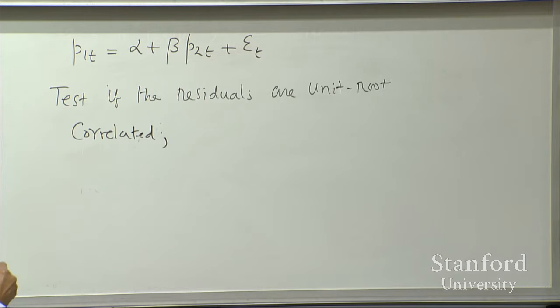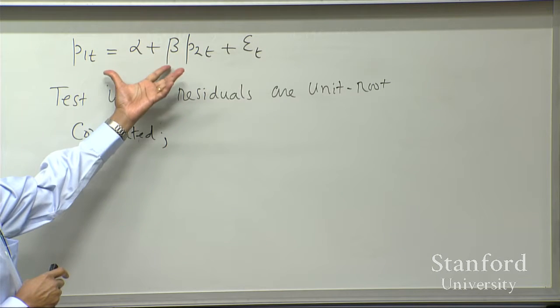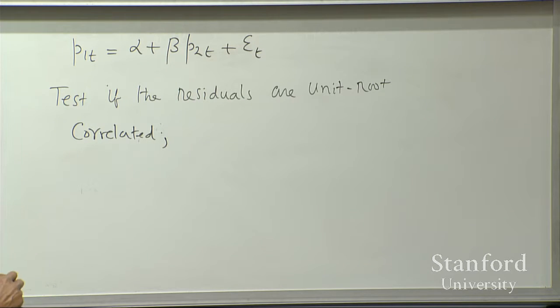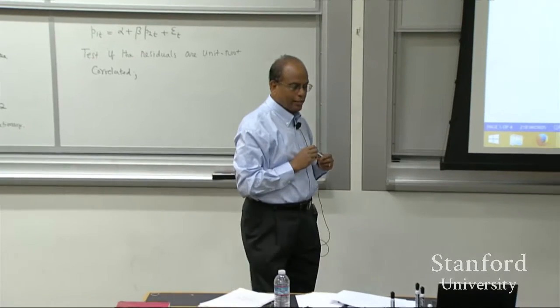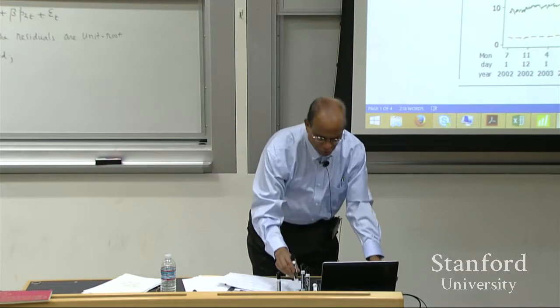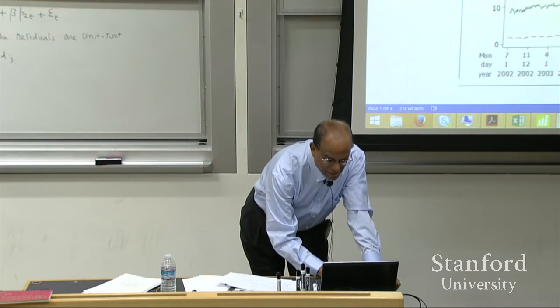If they are unit root correlated, then you can say that this difference between P1t and this minus beta times P2t could be taken as stationary process. Okay, so that roughly is the idea. I will derive these things next time around, but let me show you the basic analysis that we have.